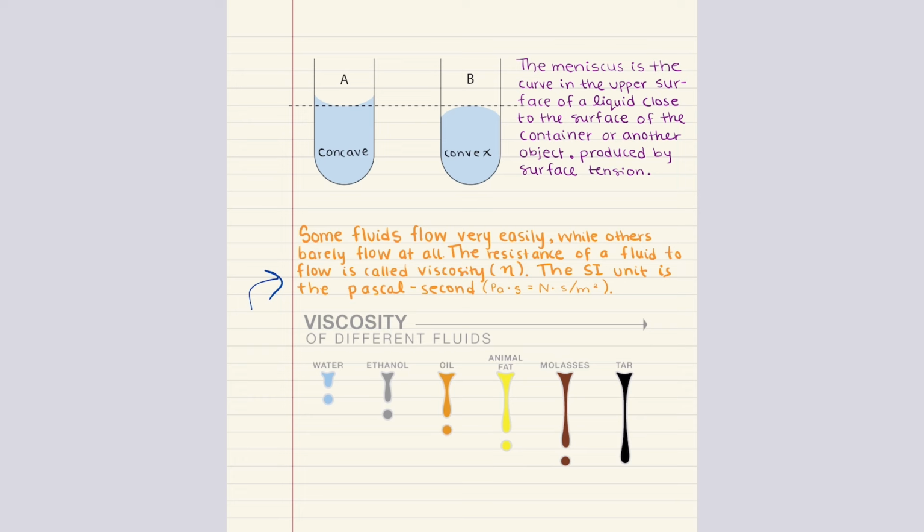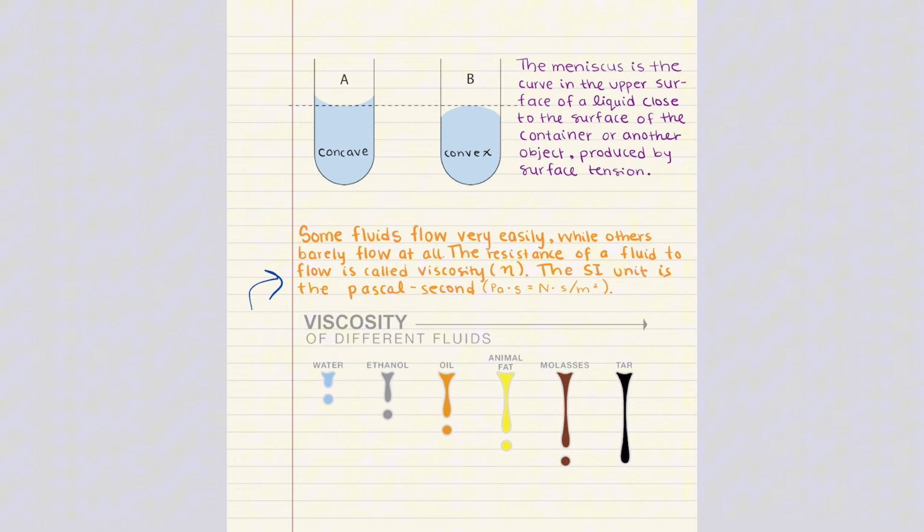So, for instance, glycerol, which has extensive hydrogen bonding, is much more viscous than water or ethanol. The size and the shape of the molecules also play a role. Larger or more complex molecules can become entangled, which further hinders their movement and increases viscosity.